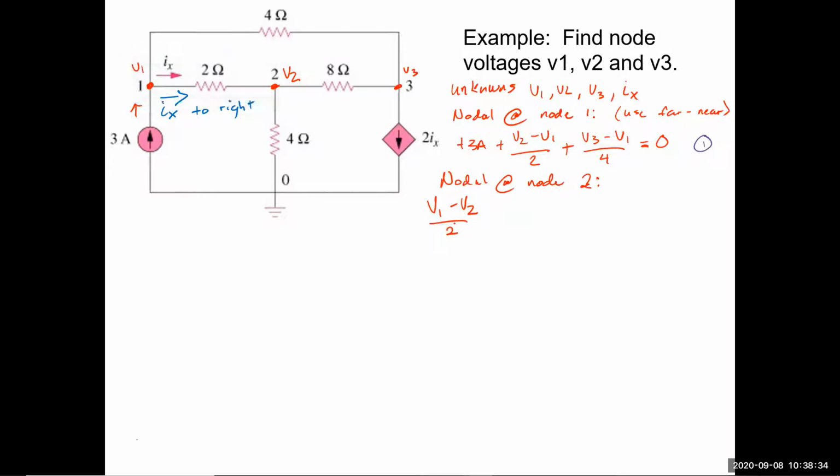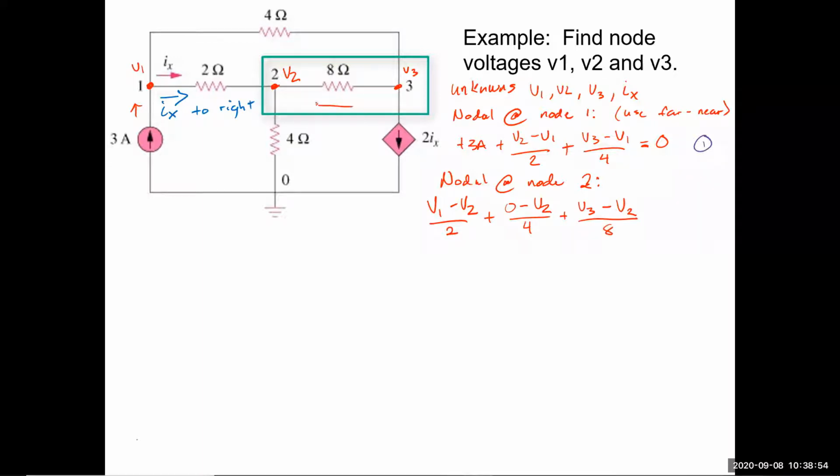Plus 0 minus V2 over 4, plus V3 minus V2 over 8 ohms, that's the current going through the 8 ohm. All of that is equal to 0. That is equation 2.